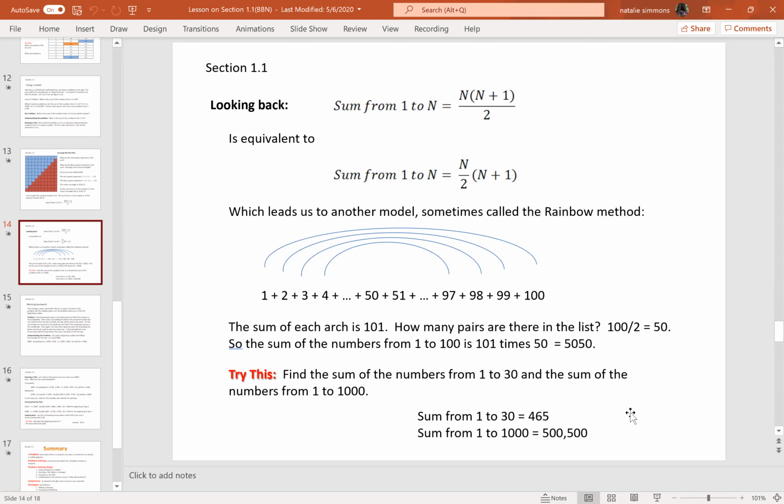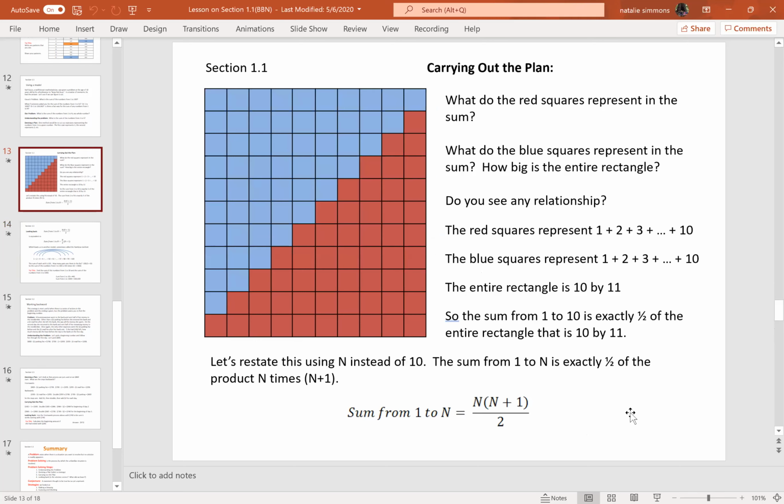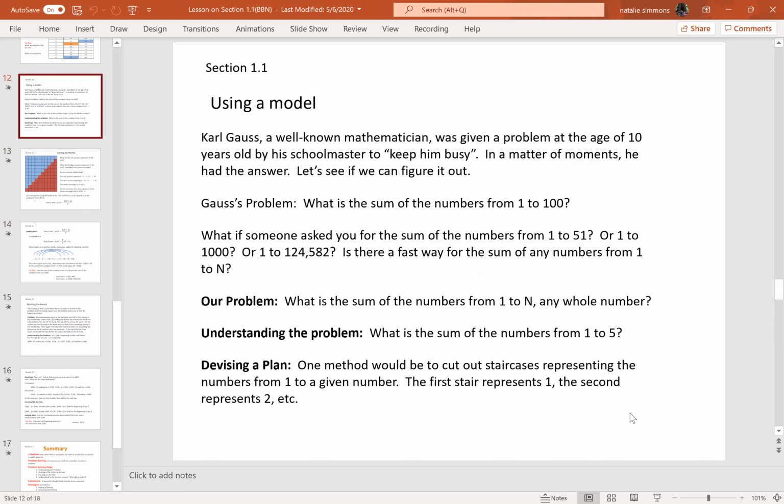They're open book, they're open notes. So I'm going to say direct your attention to this formula, because this formula is what you need to use to solve those types of problems. So they're telling you, where did they start with this problem? Using a model. So they're saying, what is the sum of numbers from 1 to 100? And they're saying devise a plan.